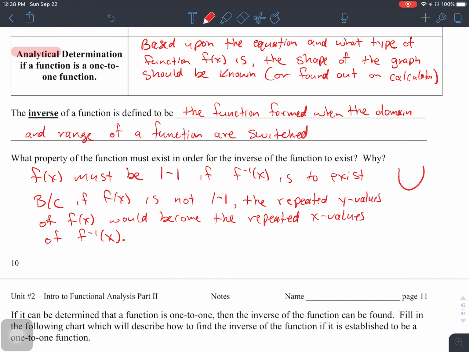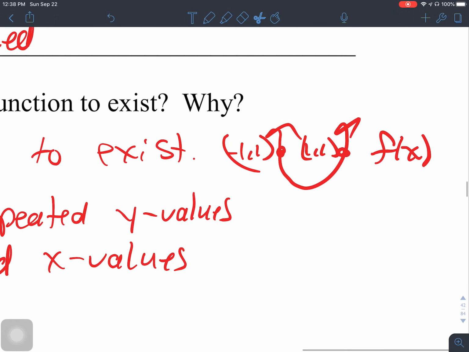So let me just give you a visual of something like that. Let's say this was what f of x was. Let's say this is the ordered pair (-1, 1) and this is the ordered pair (1, 1). This is a function, but these y values, 1 and 1, when you interchange x and y, our new ordered pairs are going to be (1, -1) and (1, 1).